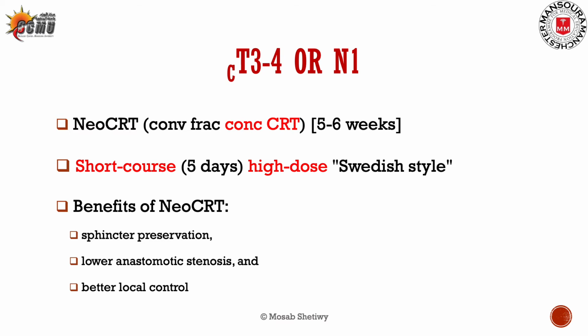Why do we start with chemoradiotherapy in such locally advanced or node positive tumors? There are benefits. The first and most important is sphincter preservation, because such big or locally advanced tumors may approach the internal sphincter, especially in the middle or lower third rectum.